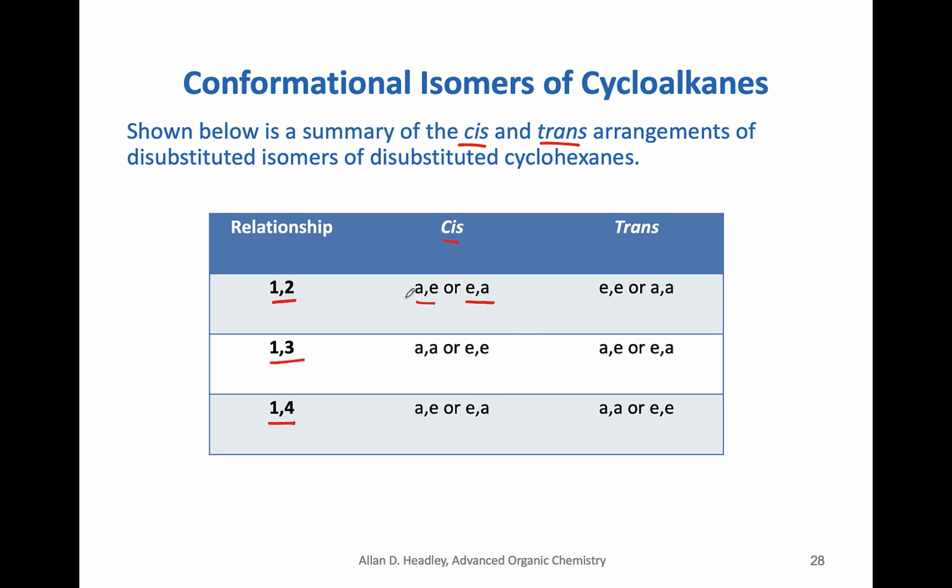We won't go through all of them because this is a review from your organic course. But you should know the relationship for a 1,4: if the groups are both axial, that makes it a trans, or if they're both equatorial, that also makes it a trans, and that makes it very stable.